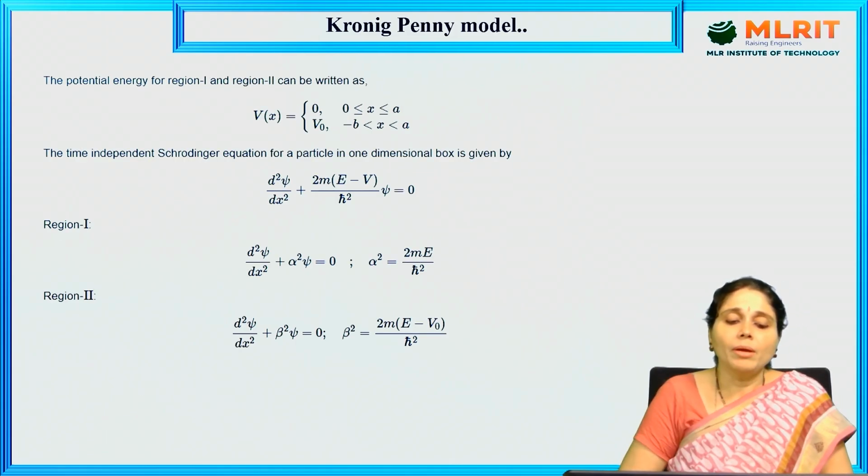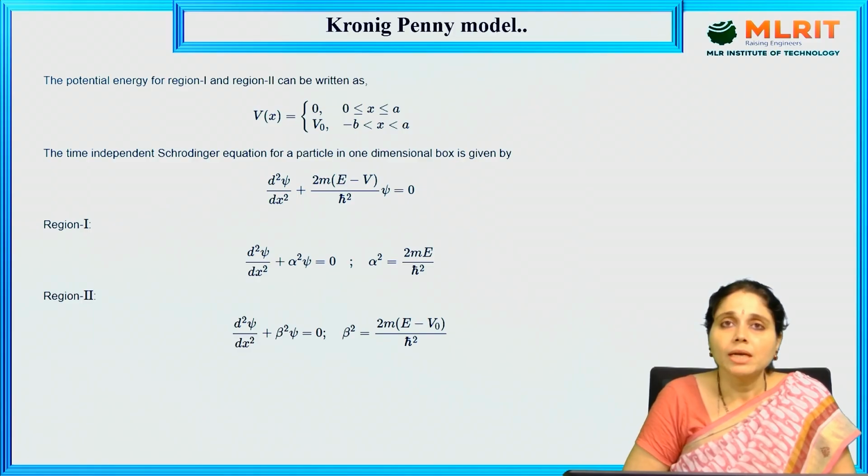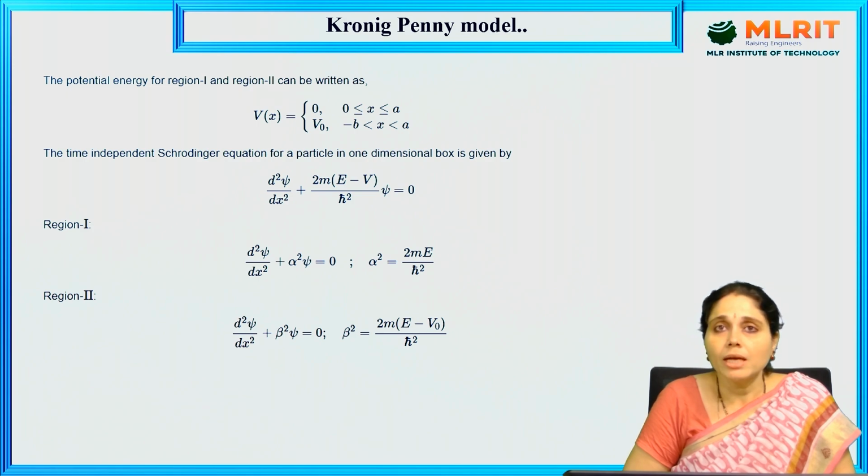The time independent Schrodinger wave equation is d square psi by dx square plus 2m by h cut square into E minus V times psi equals 0.